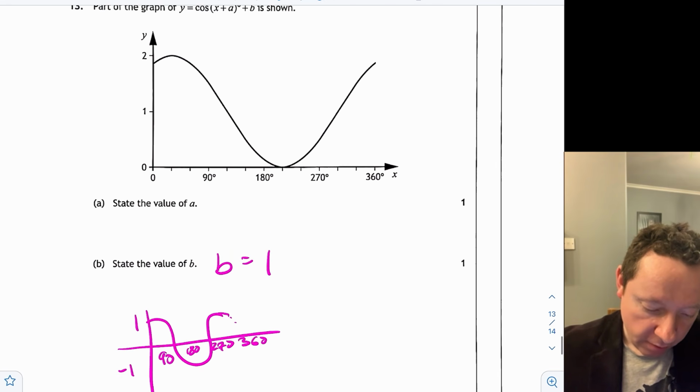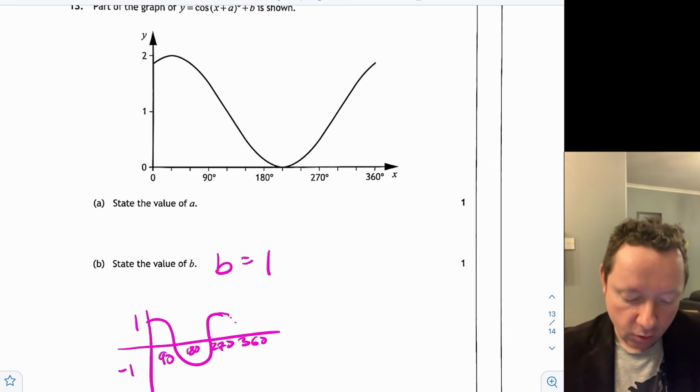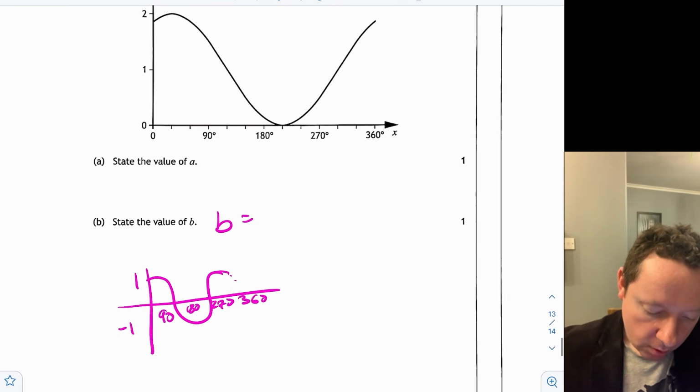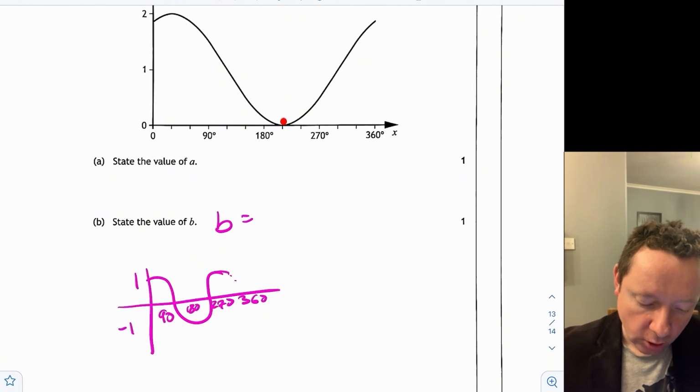And for state the value of a, it's a shift to the right or the left. So, looking at this turning point here, we can see that the turning point usually happens at 180, but it's shifted by this amount. Well, what's that amount? It's going up 30, 60, 90, so 180, 210.